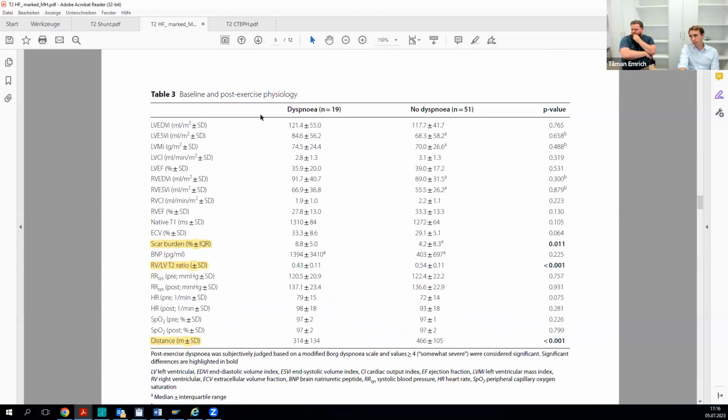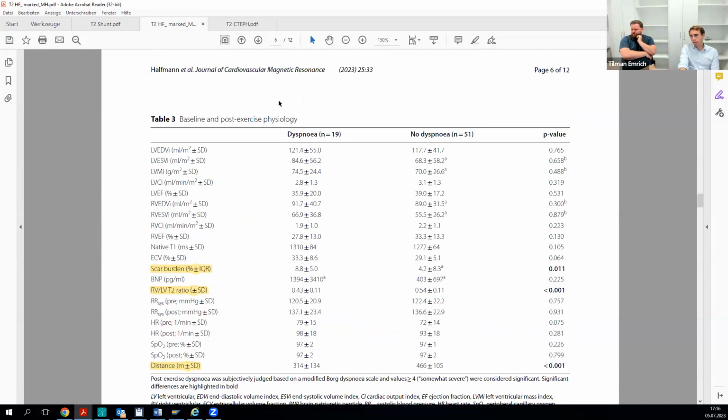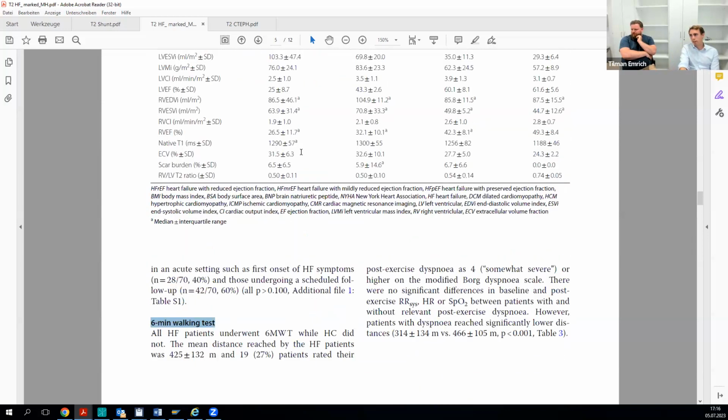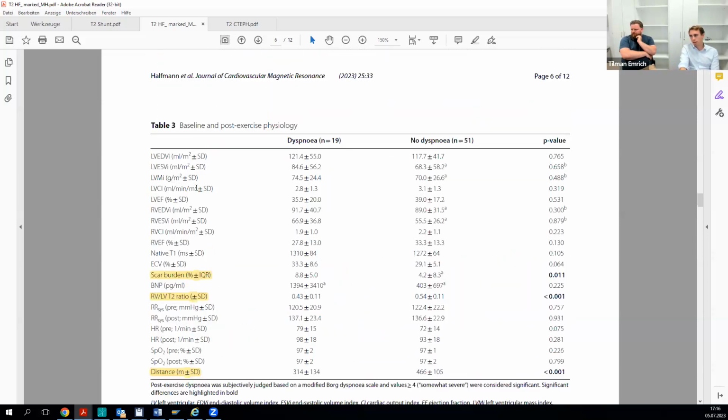So this is just the exercise physiology of the patients, basically, and the correlation of our results with that. So there's patients with dyspnea and patients without dyspnea, and as you can see, there's some significant differences which are highlighted here in bold. That is the scar burden, which was quantified by LGE basically, then the RV/LV T2 ratio, and then obviously the distance, because patients with dyspnea are not going to walk as far as patients without dyspnea.